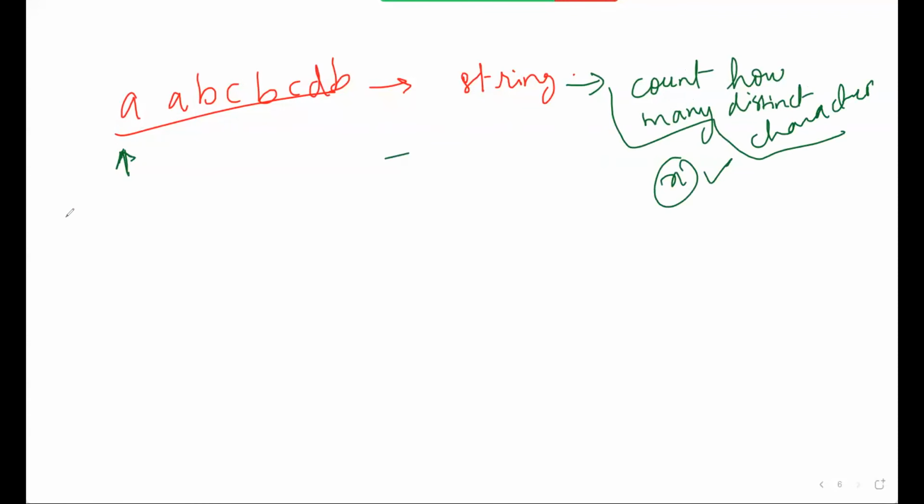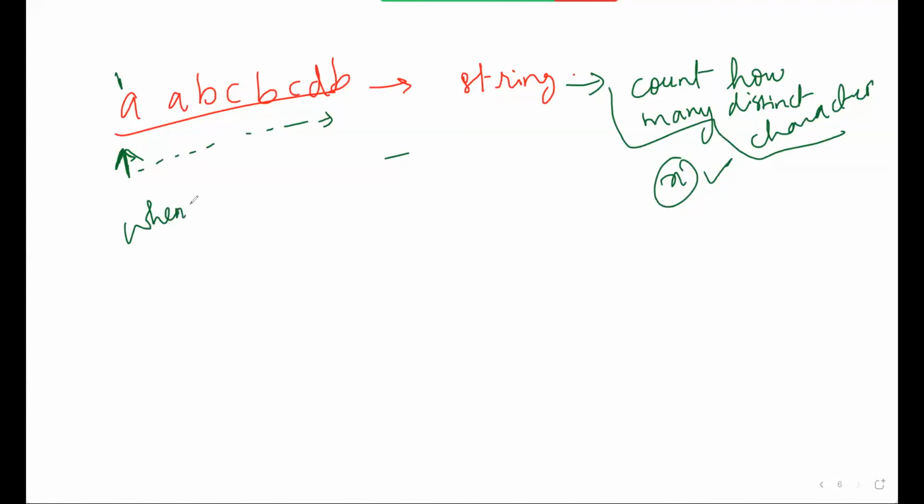Now you can use a hash map and start from the extreme left point, and you move to the right. You keep incrementing the frequency of each character whenever you find it.